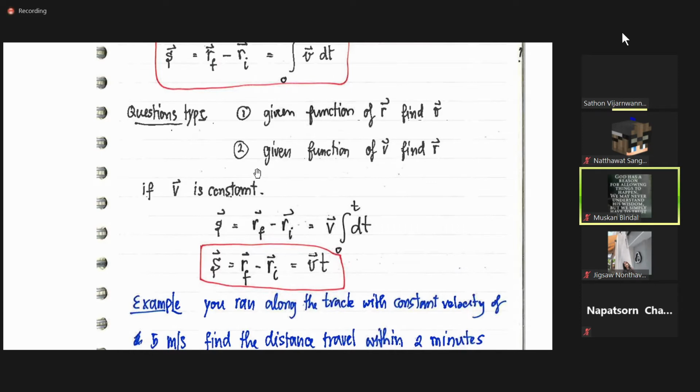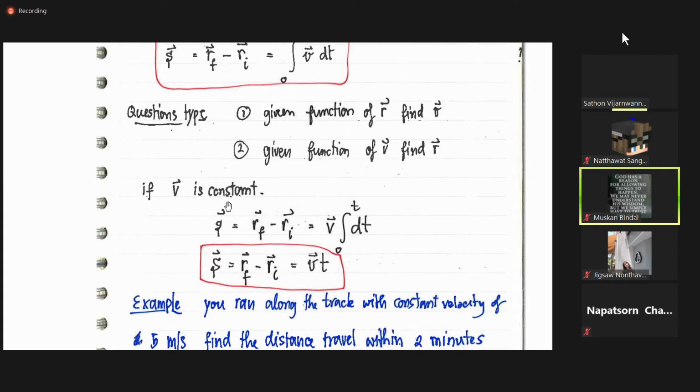And for type 2 questions, in order to work it out, you need to find the initial condition, for example, the initial point where the object is at time t equal to 0.